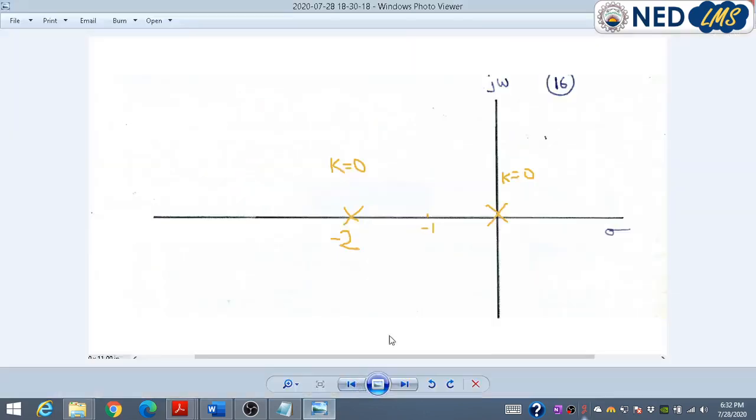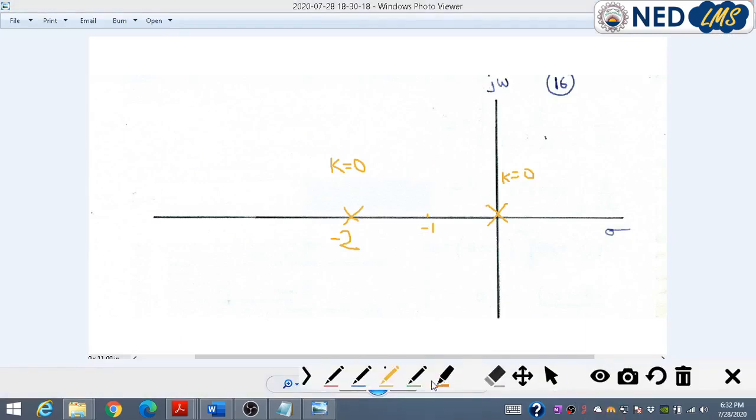Okay, let's go. At -1 we have to plot the asymptotic angle. The asymptotic angle for RL is 90 degrees, which is the point where the branch comes to an end, and the other angle is 270 degrees, which is the angle for RL.